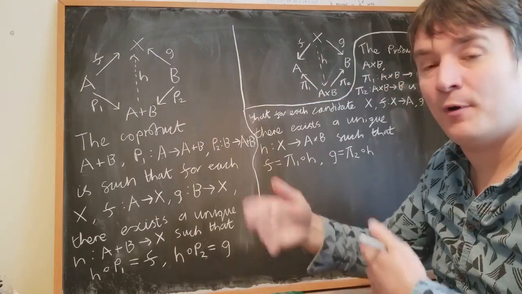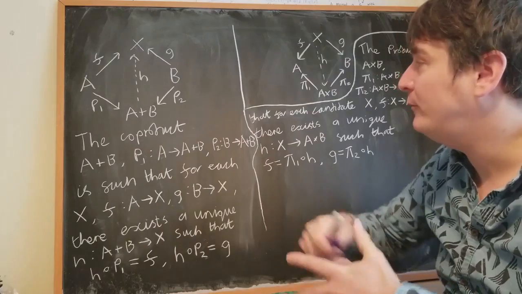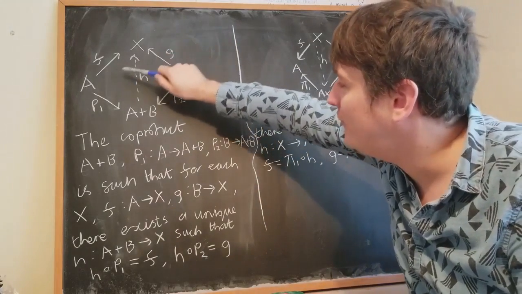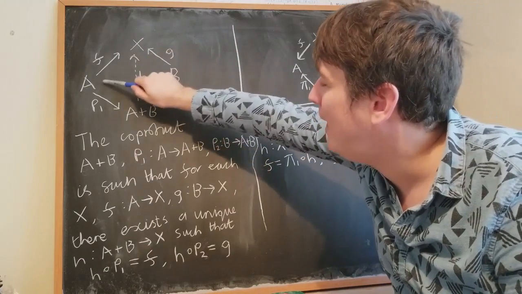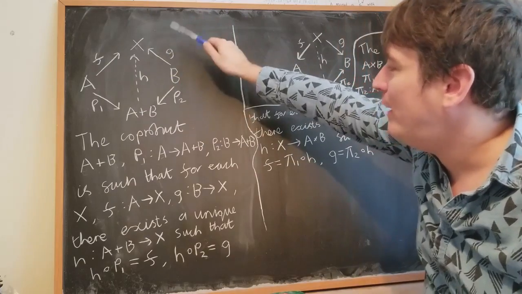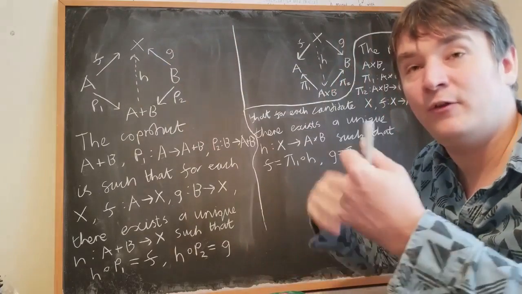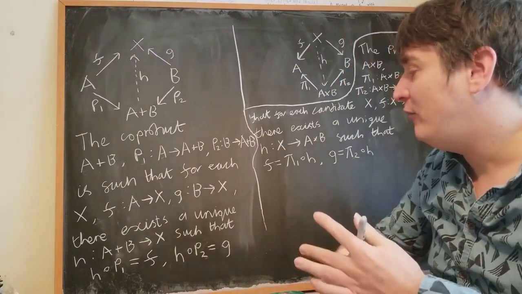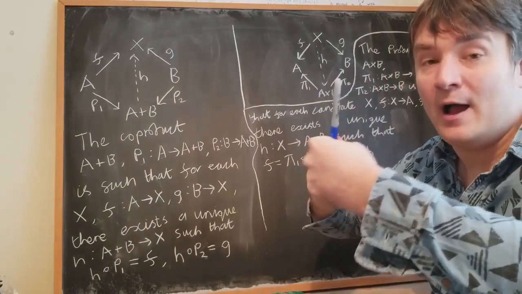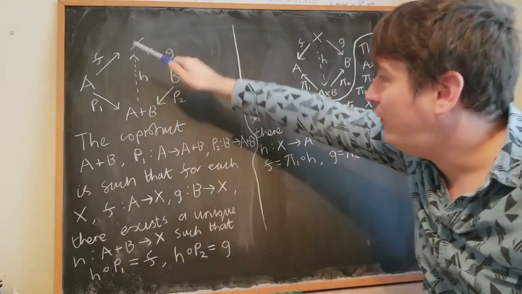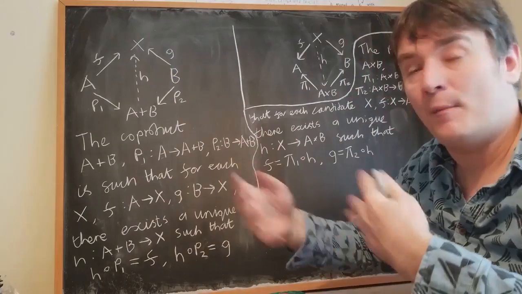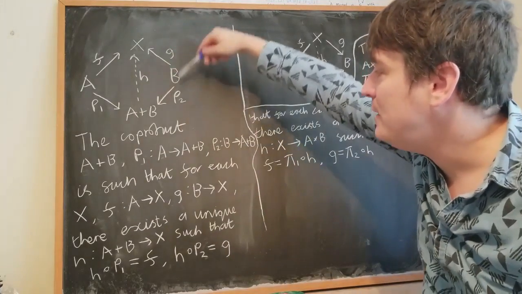And it has the property that for any other candidate coproduct, like this one X, with its arrow F into it from A and an arrow G into it from B, there's going to be a unique intermediary arrow H, this time from the coproduct into this candidate X, which has the property that it makes this diagram commute.